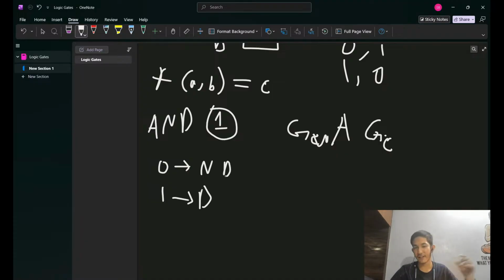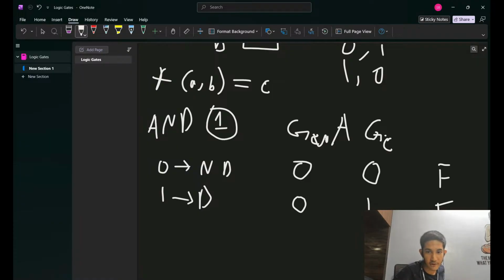To make things easier, we're translating from math to English. We need some way of making that jump, right? If we have get water, which is not done, and give cookie, which is also not done, then this will be false. Now if the water is not given, but the cookie is given, then it's also false, because this violates what we said: only if you get water will I give you a cookie.